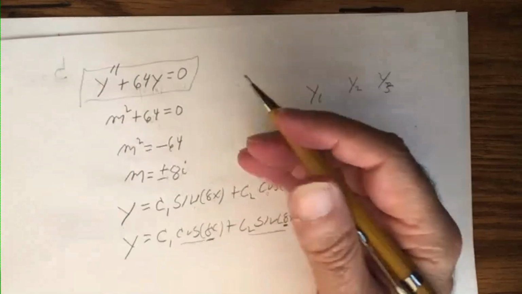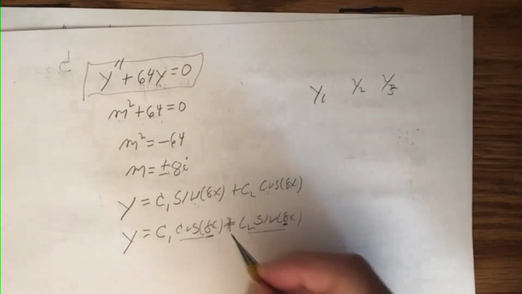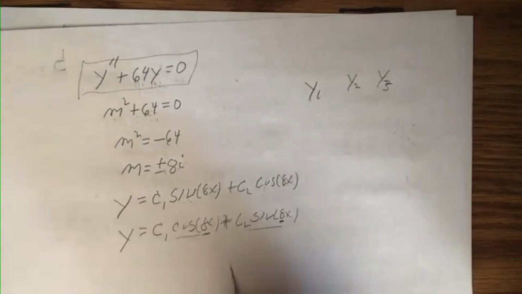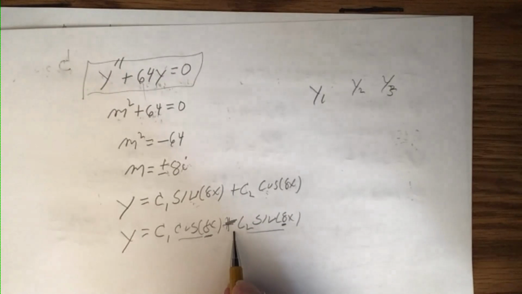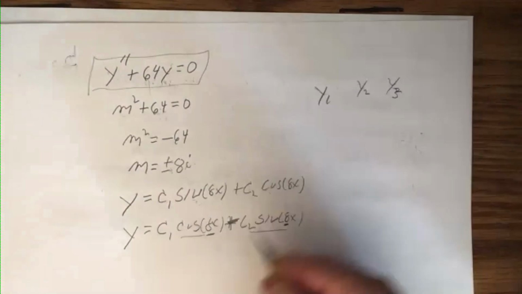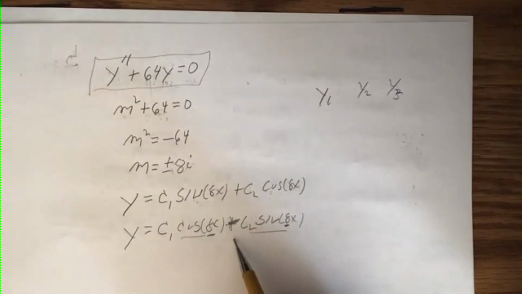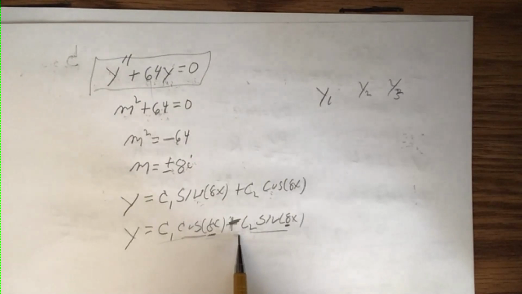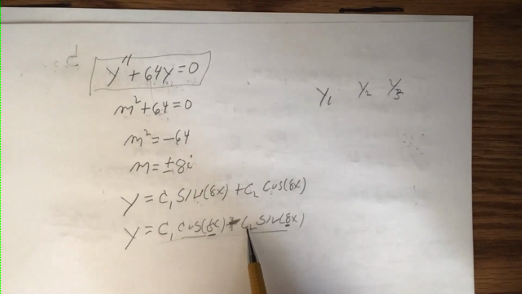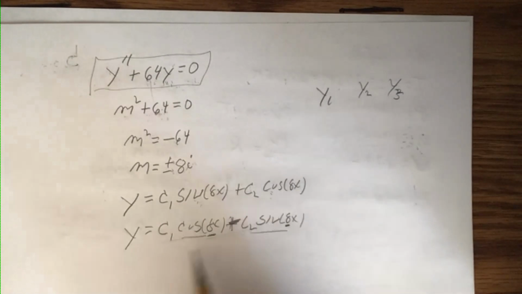The question is, when we rewrite it, you mean you could actually make that a minus sign? It wouldn't be wrong to make that a minus sign, but you normally don't do that. Because when you put in initial conditions, whether you make this a minus C2 or a plus C2, you'll end up getting the same exact equation for y.